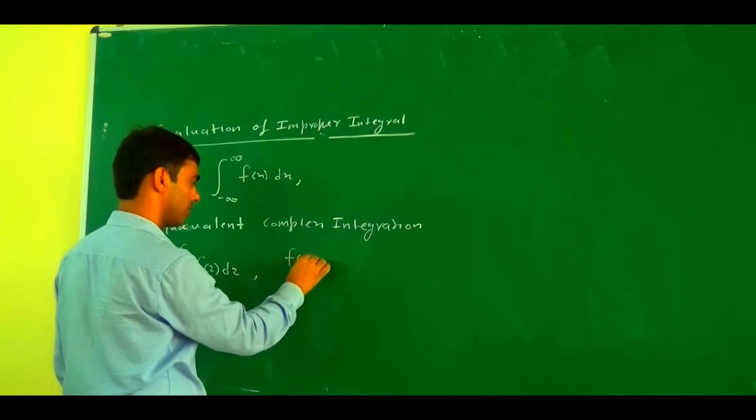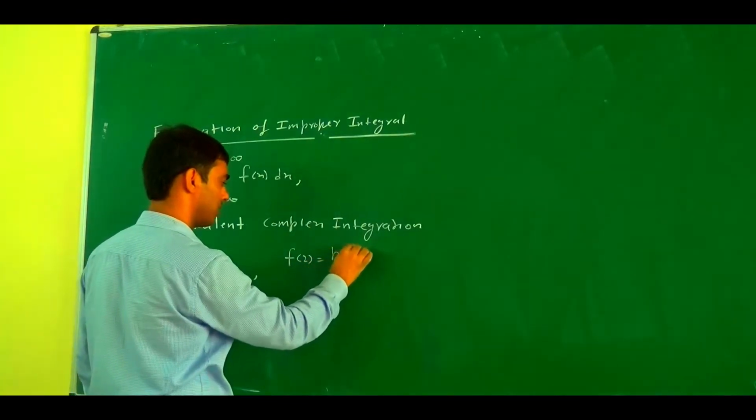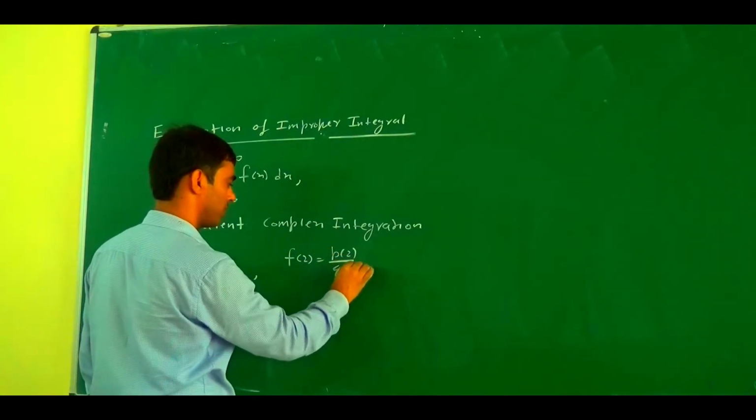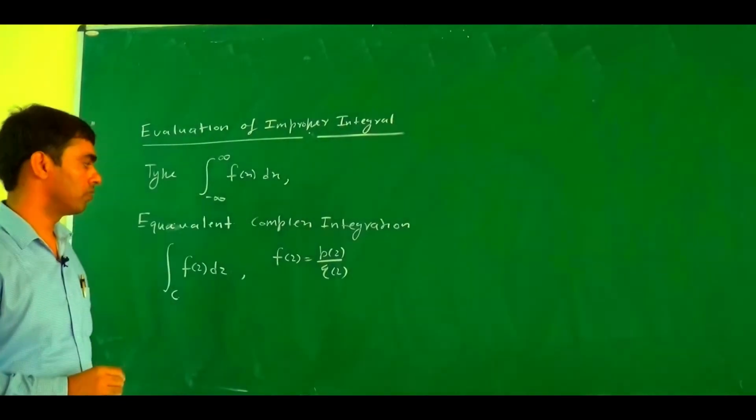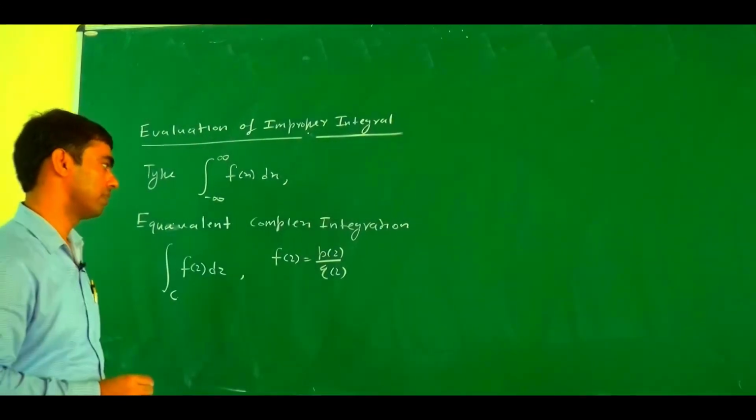f(z) is in the form of what? p(z) upon q(z), a numerator and denominator.